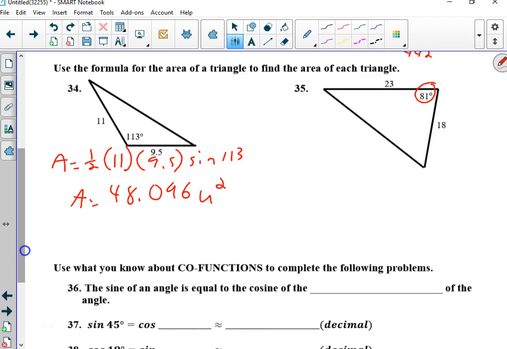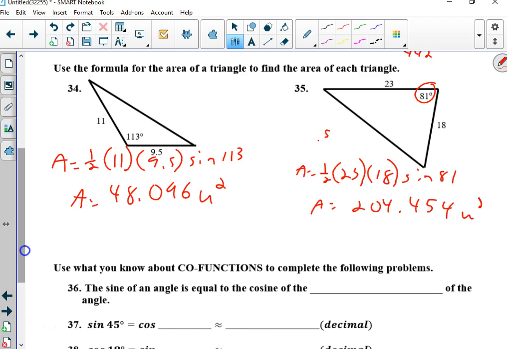Okay, included angle. Area equals 1/2. You can put 0.5 if you want in the calculator, whatever. Times 23 times 18 times the sine of 81. Area equals 204.454 units squared.